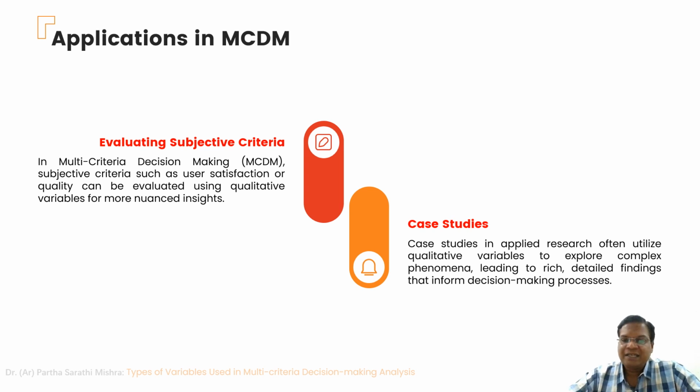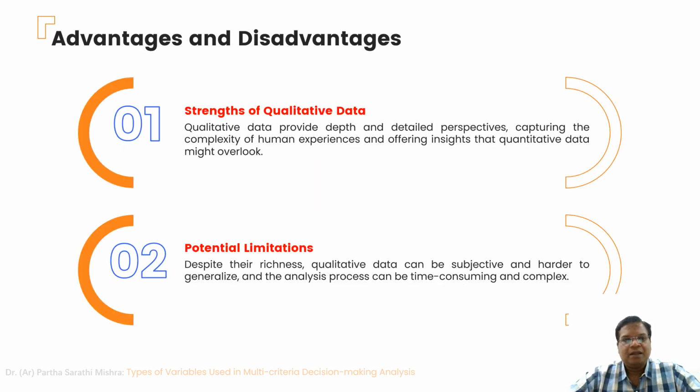So most case study research has this kind of qualitative data. For qualitative data, it is very difficult to quantify them. So MCDM simplifies those qualitative data into quantitative, and it is very easy for us to do such case study research. Next is what are the major advantages and disadvantages.